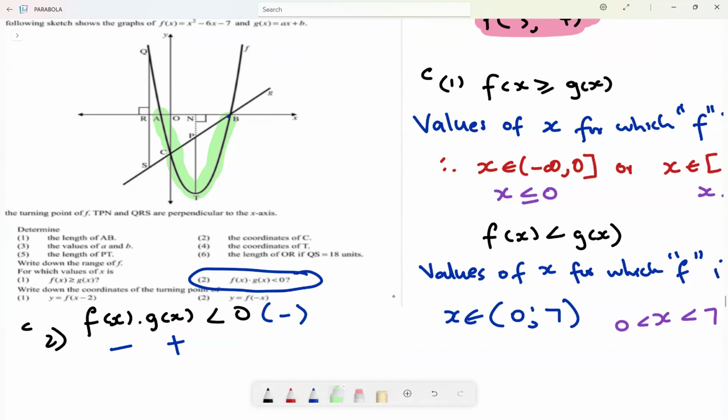From here, it is negative, negative, negative, negative. I'm starting here. It is negative here. But on this portion, it is positive.